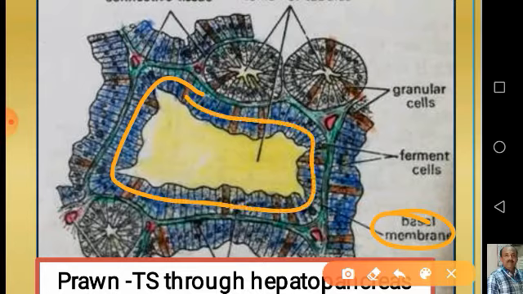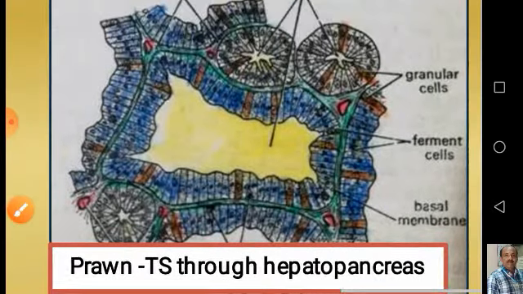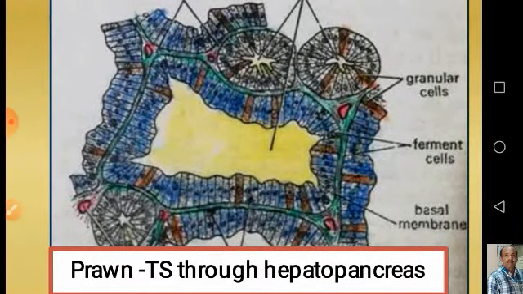This epithelial cell layer consists of tall cells of many varieties. Granular cells are present, ferment cells are present, basal cells are present, and hepatic cells are present.